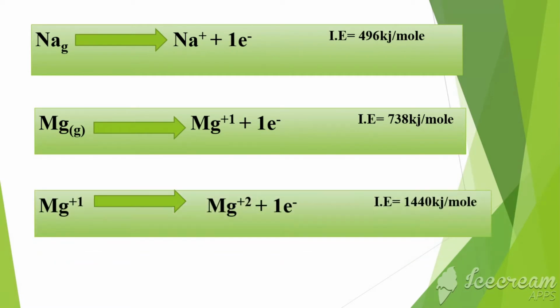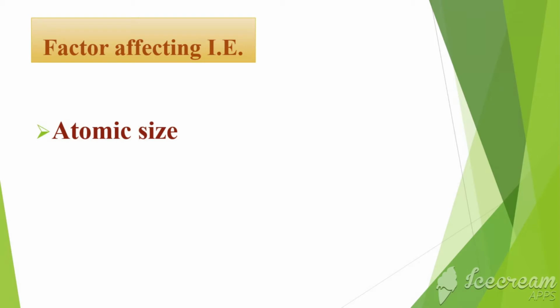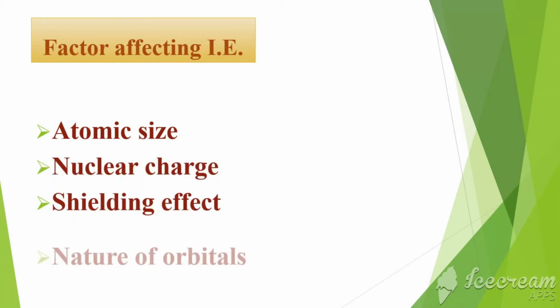When magnesium loses second electron, its ionization energy will be increased and 1440 kilojoule per mole. Factors affecting trend of ionization energy: atomic size, nuclear charge, shielding effect, and nature of orbital.